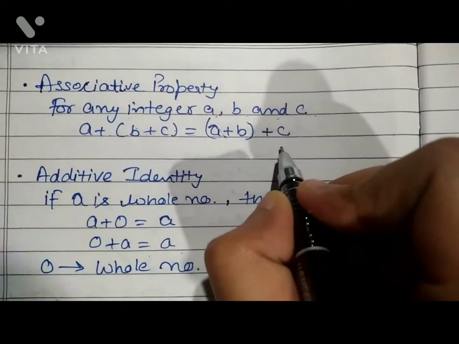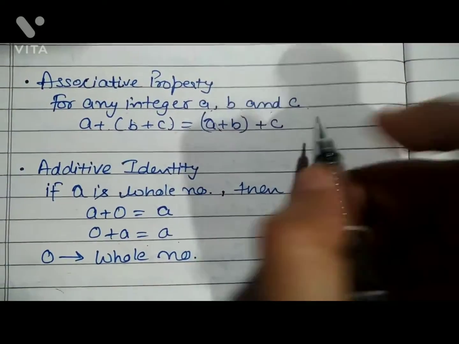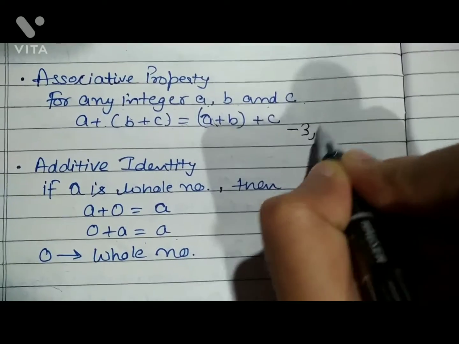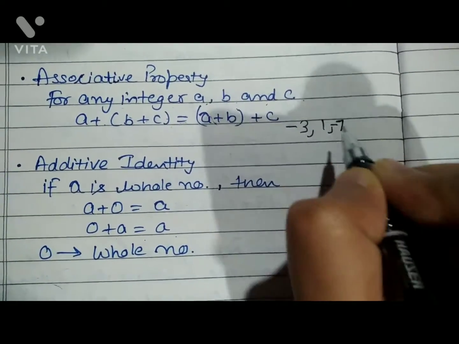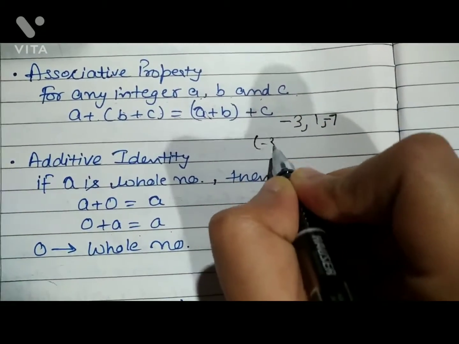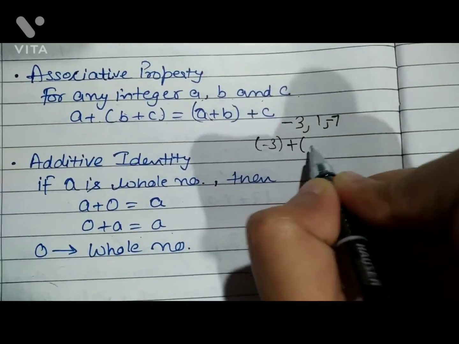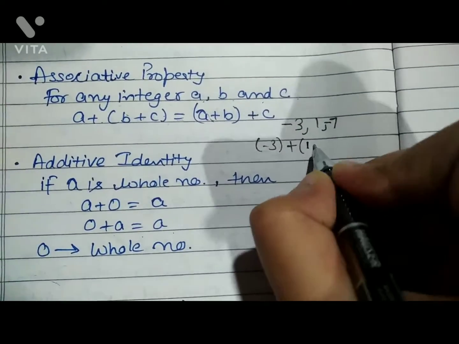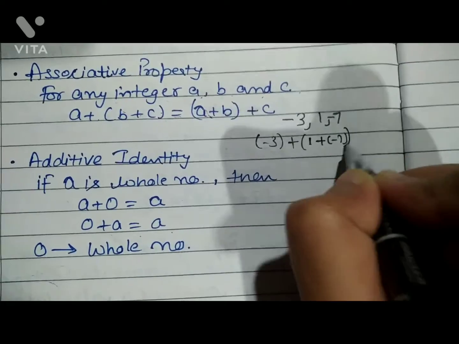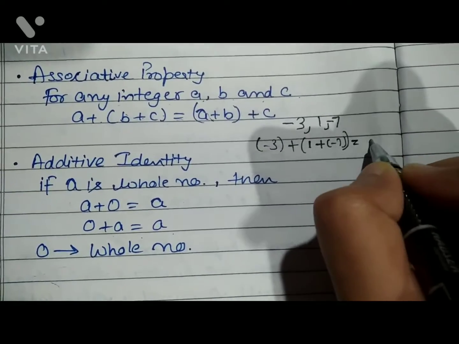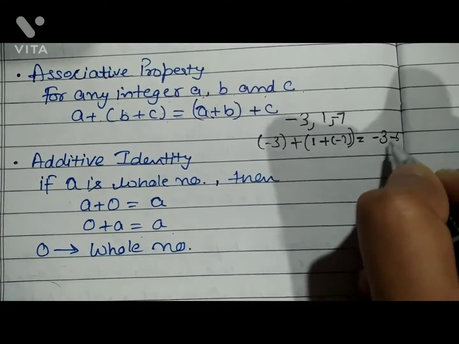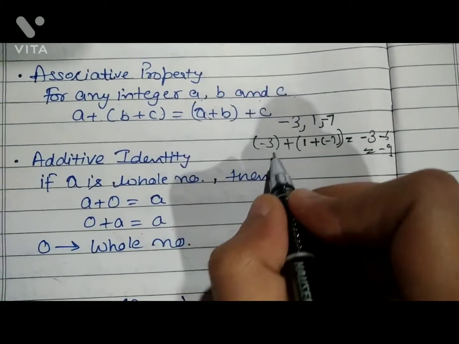Let's see. Consider three integers: minus 3, 1 and minus 7. So minus 3 plus 1 plus minus 7 is equal to minus 3 plus minus 6, which is minus 9.